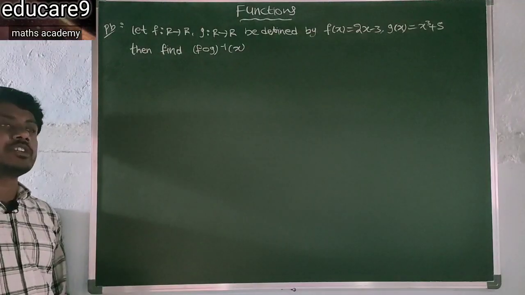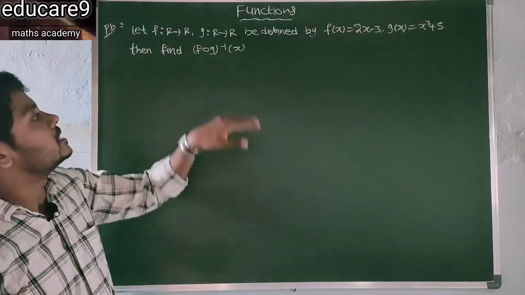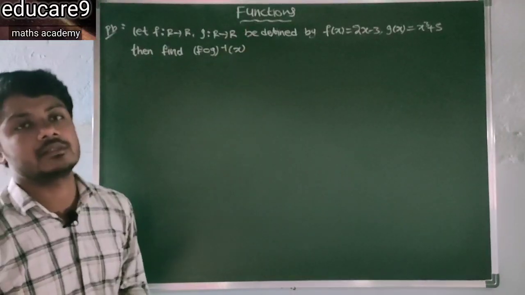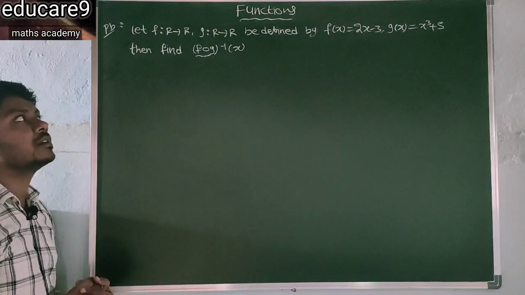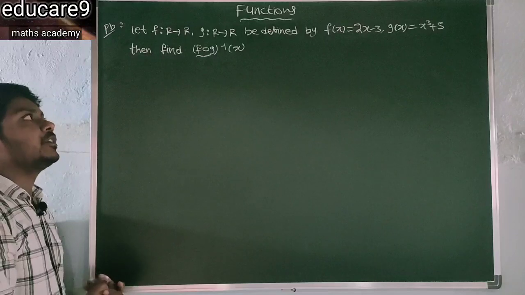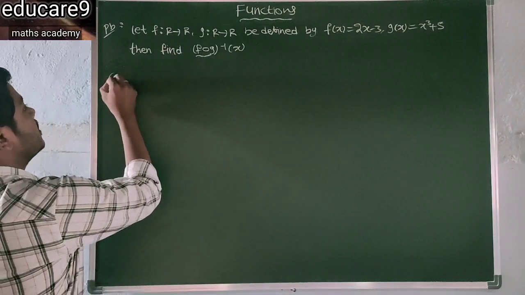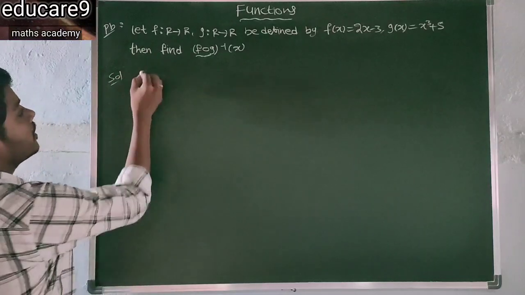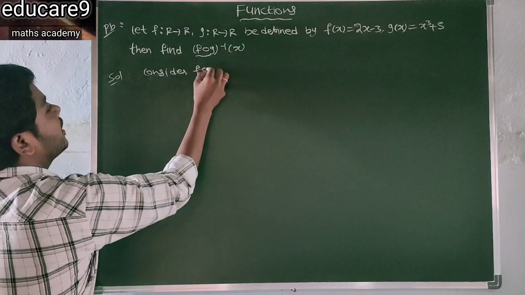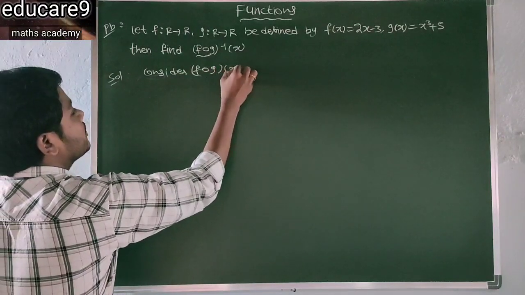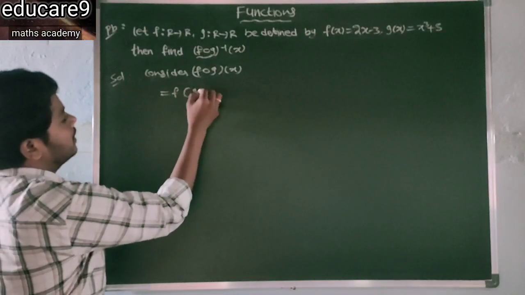So see our next question. f and g are given, then find (f circle g) whole inverse of x. First you want to find f circle g of x. After that you want to find the inverse of f circle g. See our solution. Consider f circle g of x. This is f of g of x.